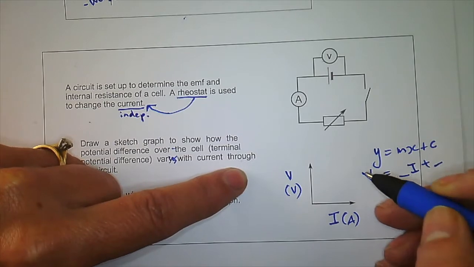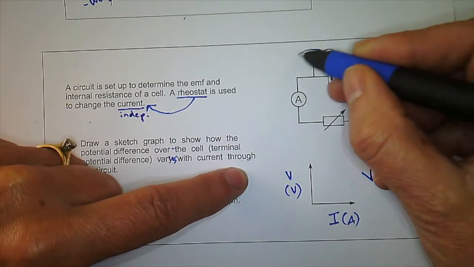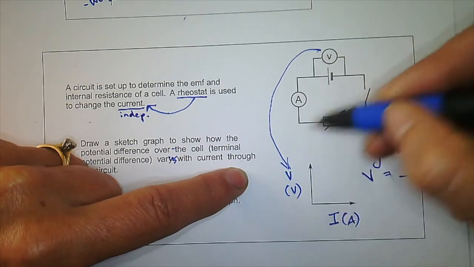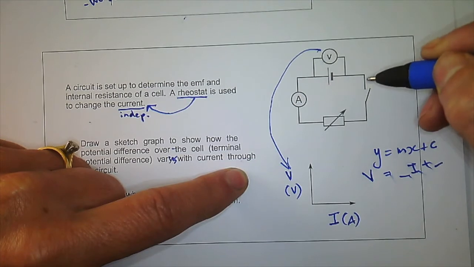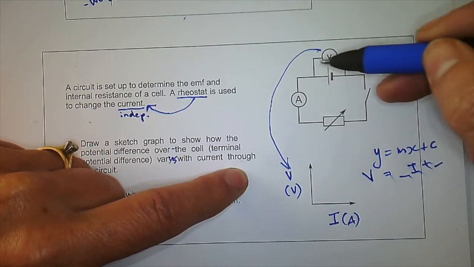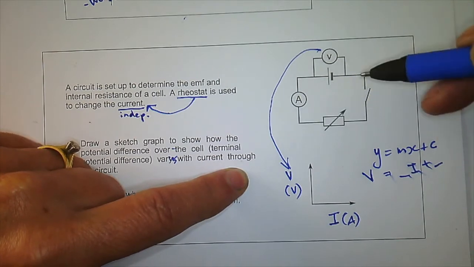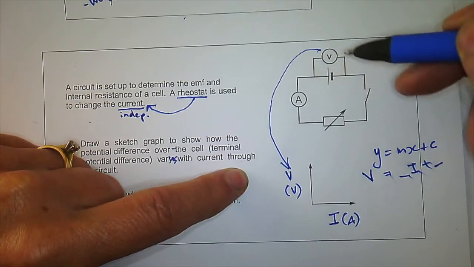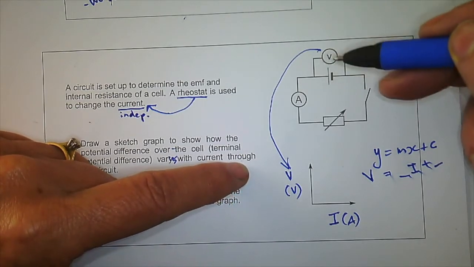Now let's just talk about that potential difference. What is that potential difference? What is measured by that voltmeter? Because you are drawing on your graph what you measured from that voltmeter. Now, if the switch is open, then you are measuring the EMF, because if no current is flowing, then no energy is used in the cell, and that voltmeter will read the whole EMF.